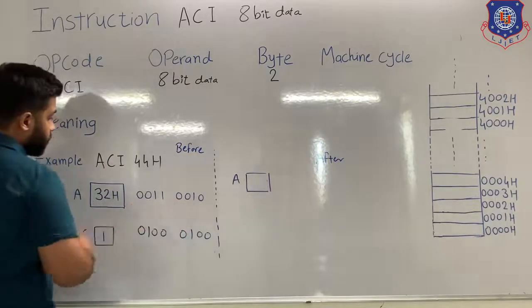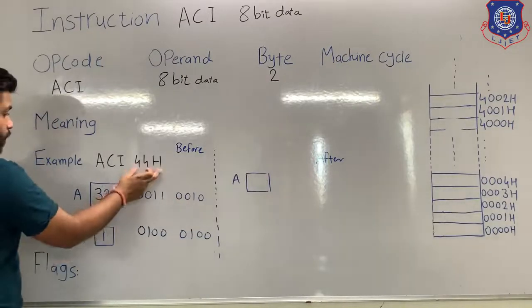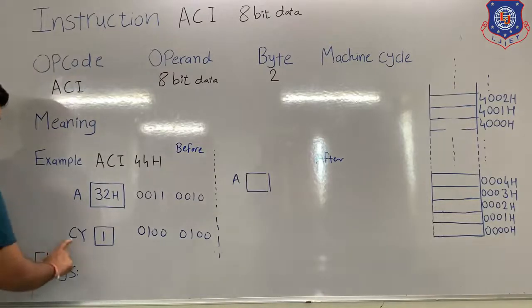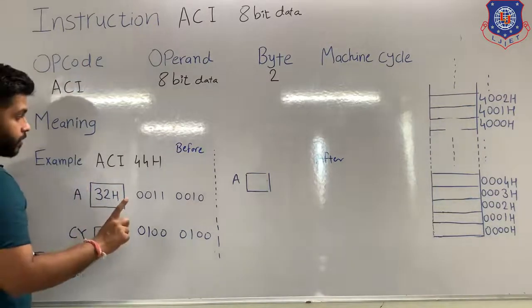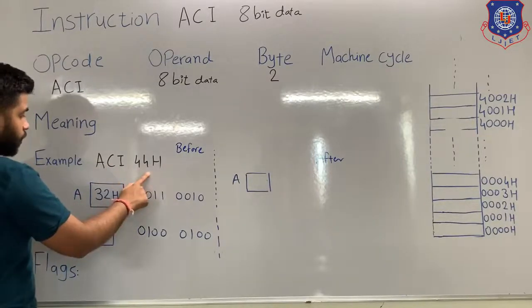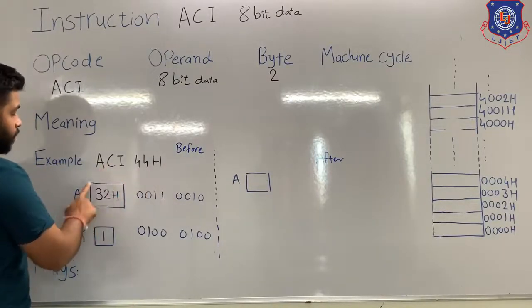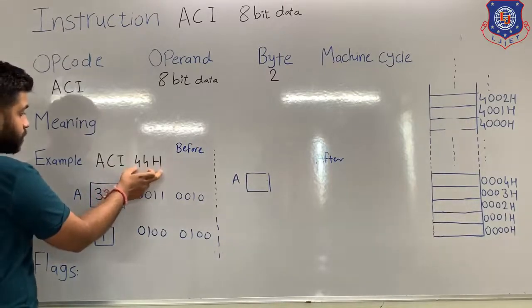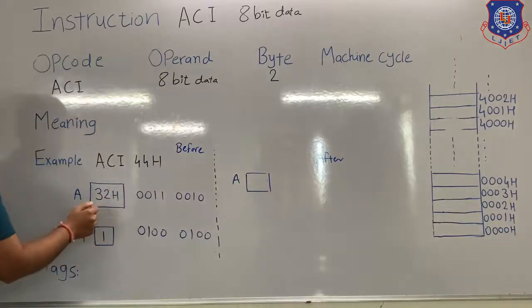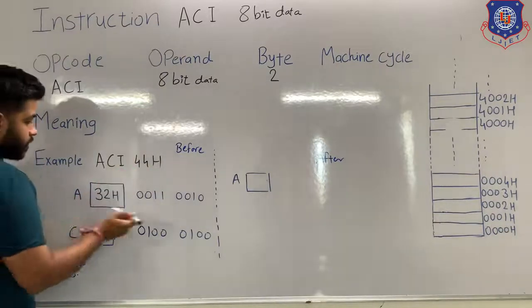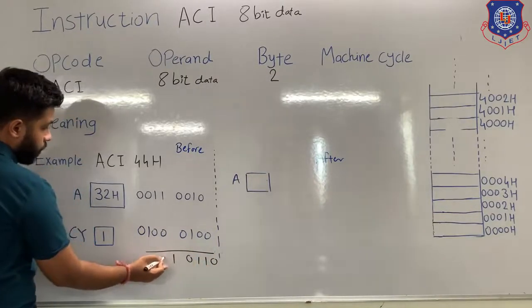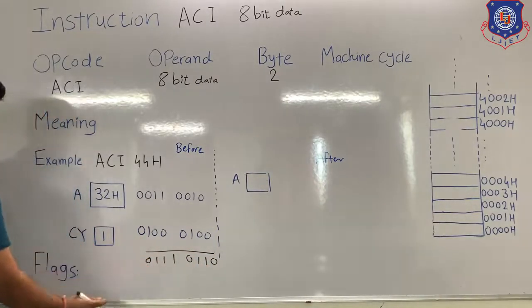It is represented in binary. The 44H is also represented in binary. The content of the carry flag before the execution is 1. The carry flag is set. Now when this instruction ACI 44H is executed, it means add the content of accumulator with 44H with carry, and the answer will be stored in the accumulator. So let's add the content of accumulator and 44H. So 0 1 1 0 1 1 1 0.